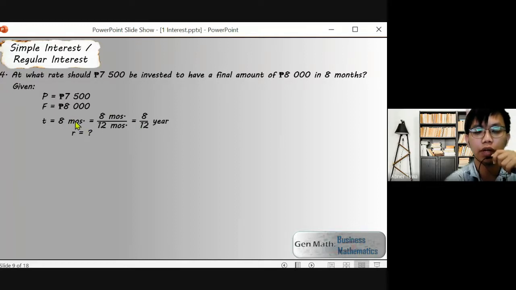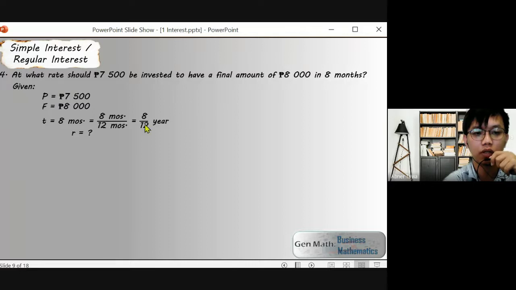So we have here 8 months, just divide it by 12, that is 8 months divided by 12. And we cannot simplify this to its decimal form. So, pag yung na-arrive mong value dito sa pag-divide is maraming decimal places, therefore, you're going to use the fraction form na lang. So, 8 divided by 12, that is, magkano to?